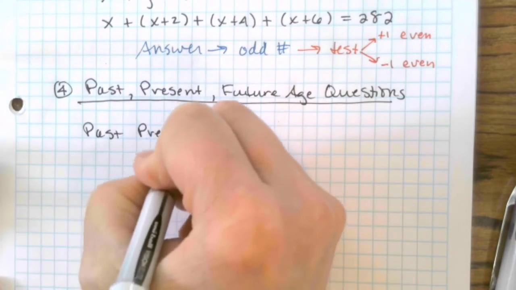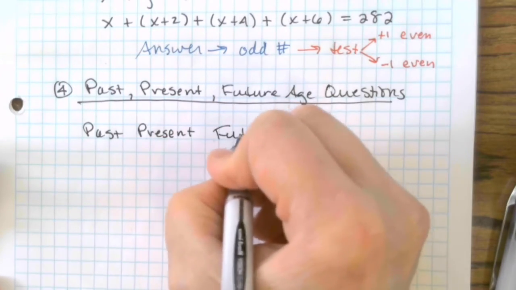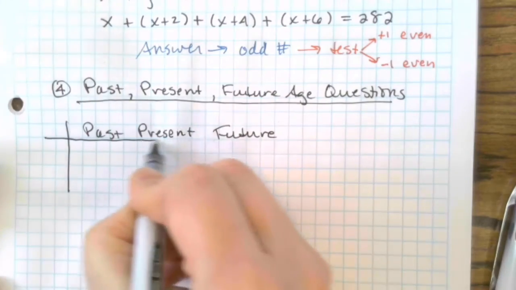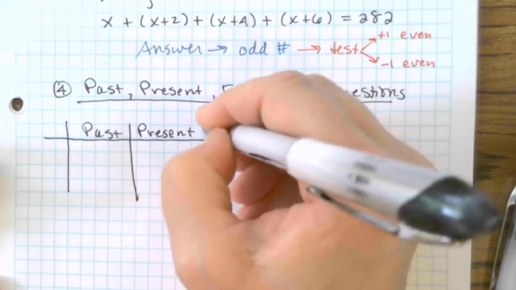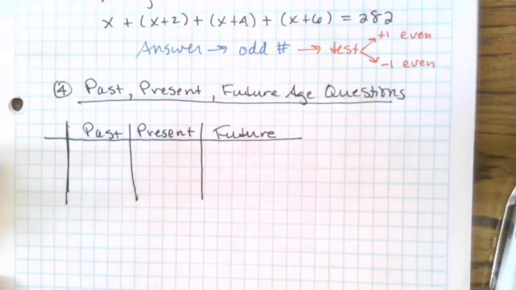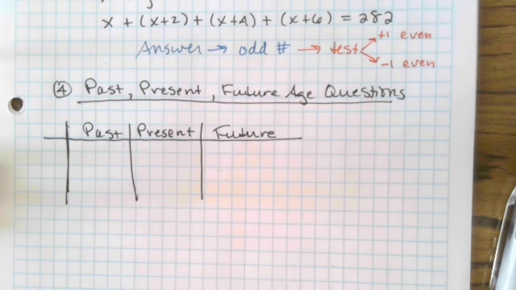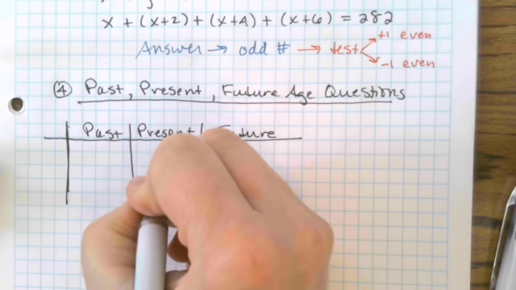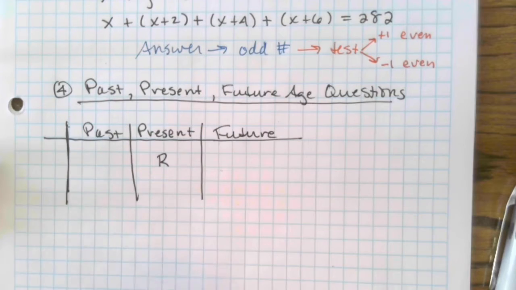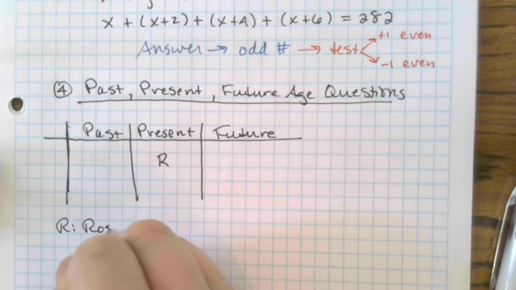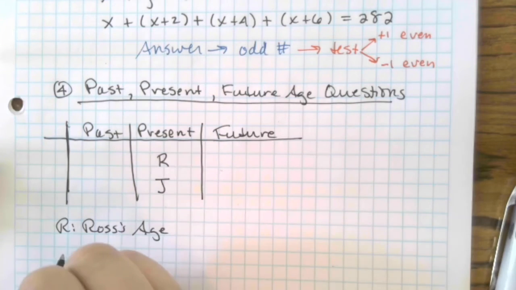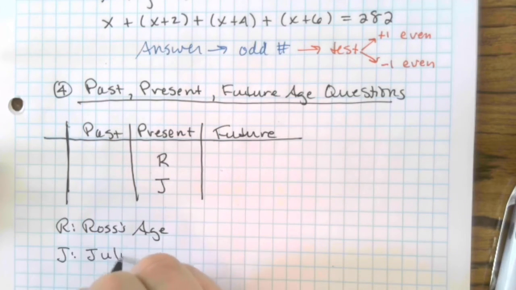So one of the best ways to do these is to set up a past, present, future chart, and to put the information on the chart. So we're going to say that Ross, his current age is R. That's his present age. So that's Ross's age. And we're going to use J for Julie's present age.